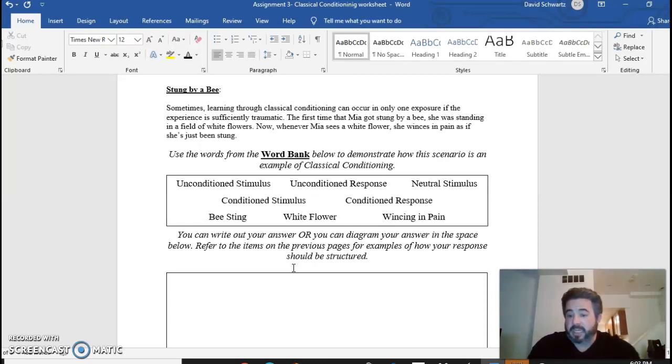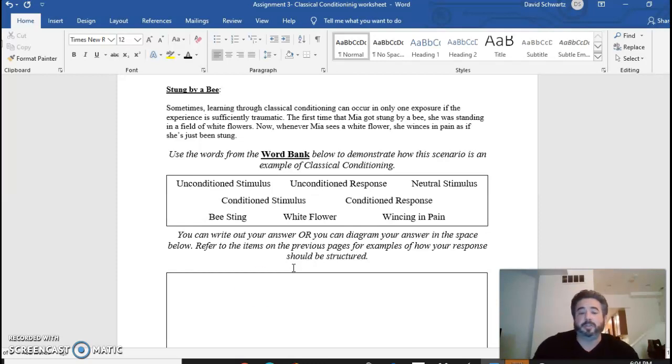The first time that Mia got stung by a bee, she was standing in a field of white flowers. And this was really tough for her. Now, whenever Mia sees a white flower, she winces in pain as if she's just been stung, almost like she's bracing for a bee sting every time she sees a white flower.